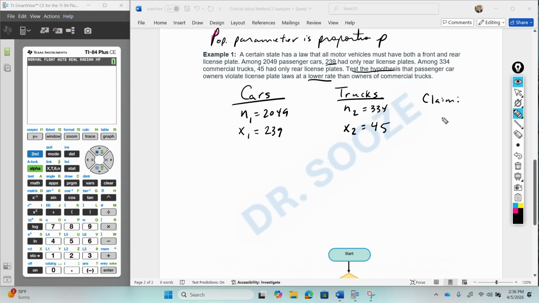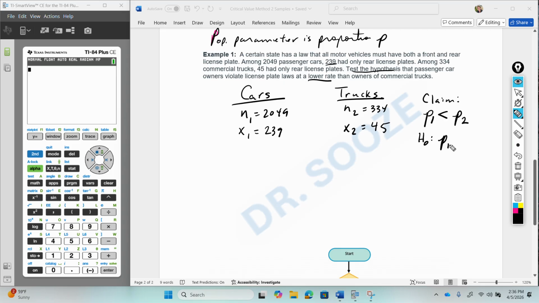So the claim in symbolic form is that the first proportion of cars that violate the license plate laws is less than the second. That's my initial claim in symbolic form.